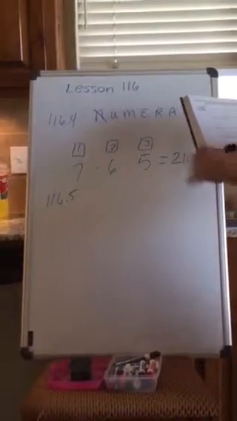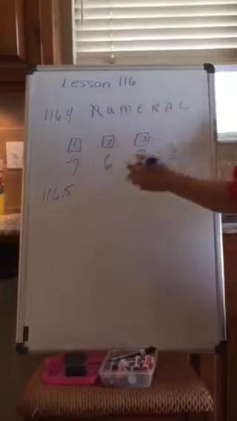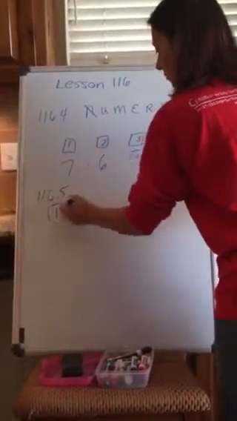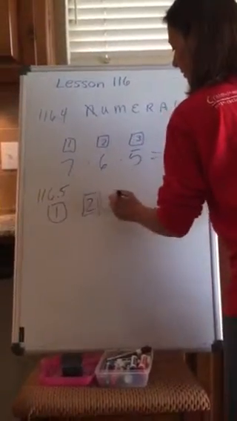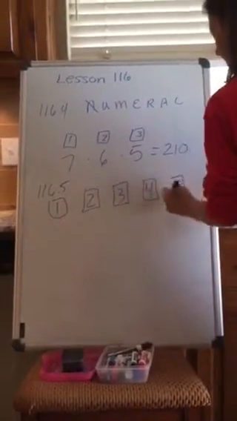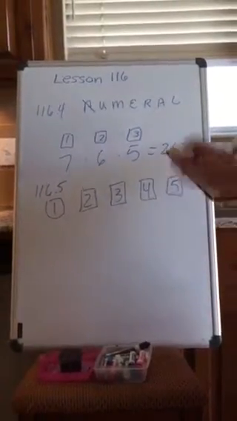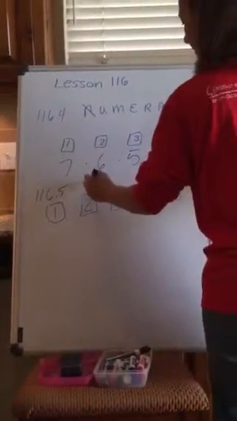All right. Jamie had 5 places to put items in her display. 1, 2, 3, 4, 5 places to put them. She has 38 items.